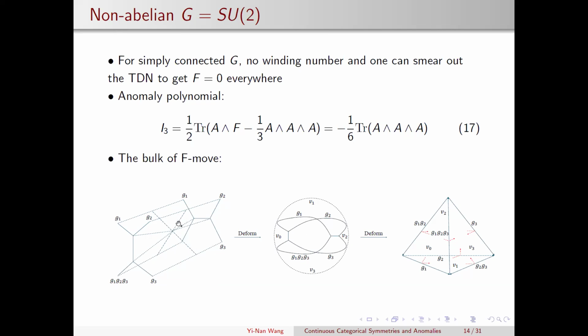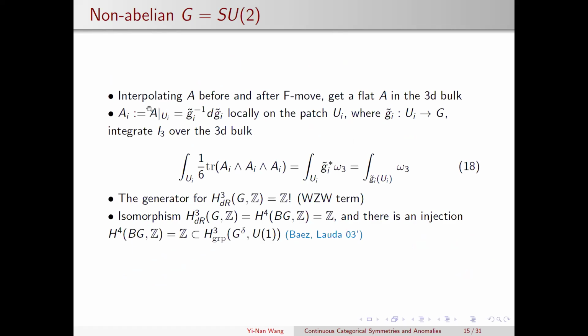If you stare at this picture more carefully, it can be deformed to this tetrahedron picture, where each edge is assigned a different group element. Physically, before and after the F move, you have two different flat gauge field configurations. And you can define an interpolating A living in the 3D bulk, which is also a flat gauge field A.